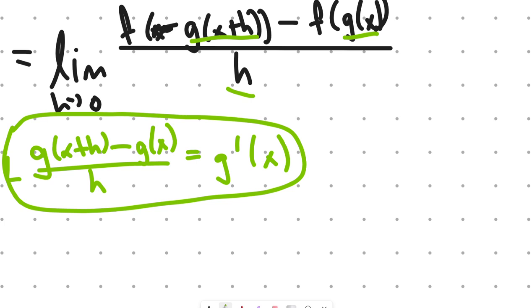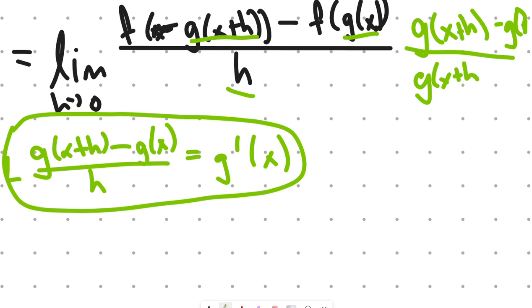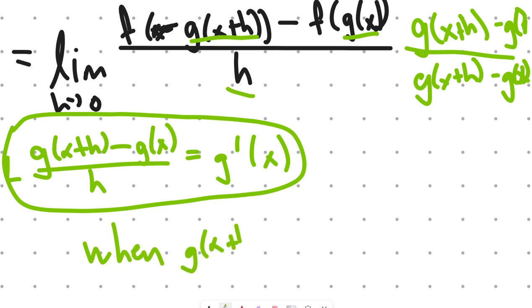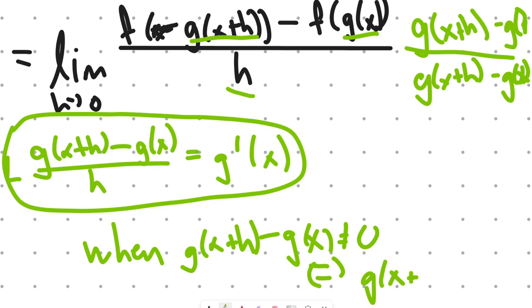So the thing we can do is multiply by another fraction, g of x plus h minus g of x, and divide the whole thing by the same expression. We do this when g of x plus h minus g of x is not equal to 0, meaning g of x plus h is never equal to g of x.